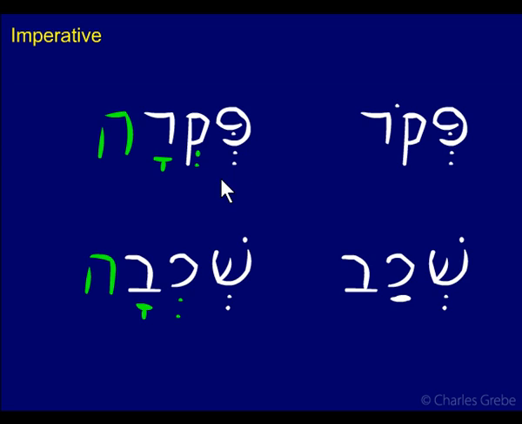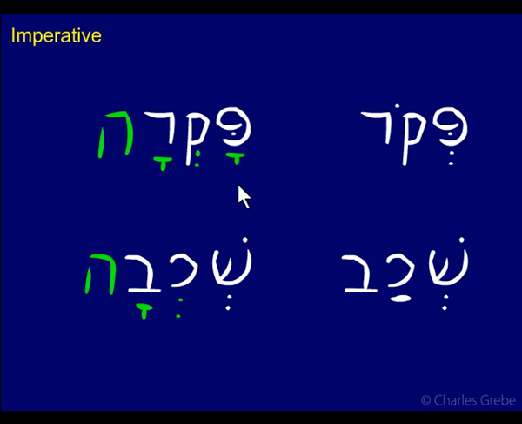And then we get a vowel change here. And the vowel change for the dynamic verbs is a qamets hatuf. So let's see, get my tools right here. So it's a qamets hatuf. This is not a qamets because the stress is at the end, and this is a closed syllable.